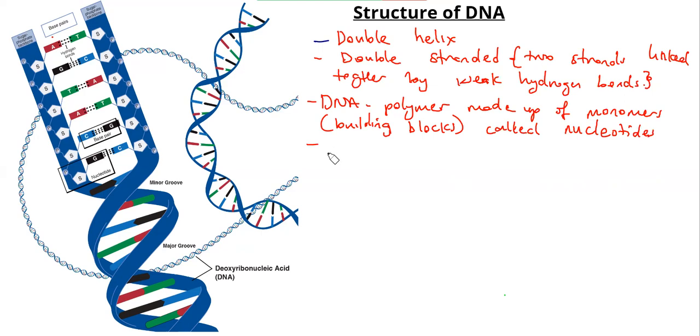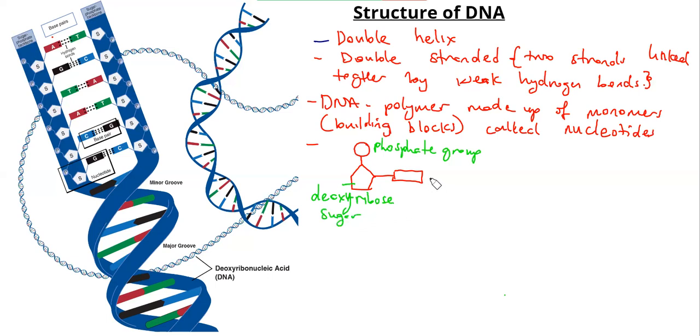Now we need to understand that each nucleotide, how does it look like? We see that we have what we call a phosphate group. Then we have the deoxyribose sugar here. Then we have a nitrogenous base there. Okay, so we have got the phosphate group. Then we have got the deoxyribose sugar.